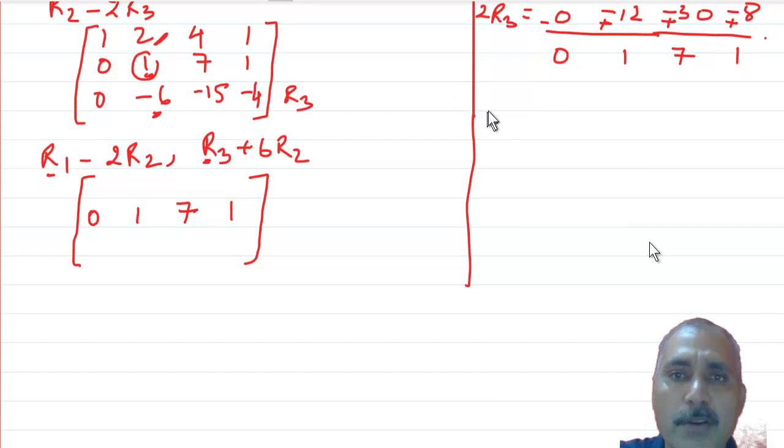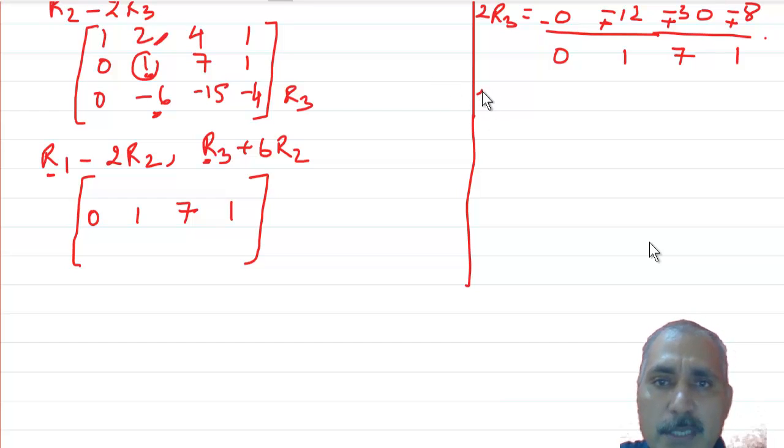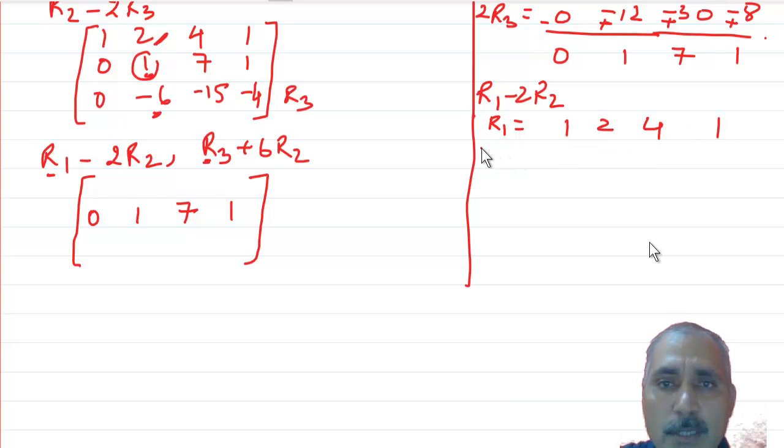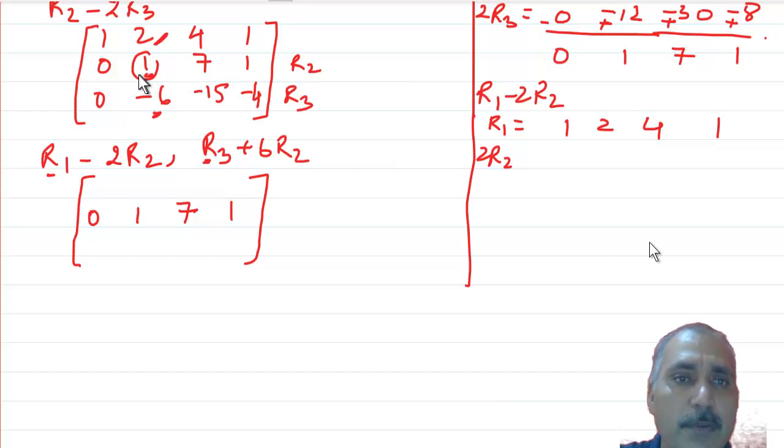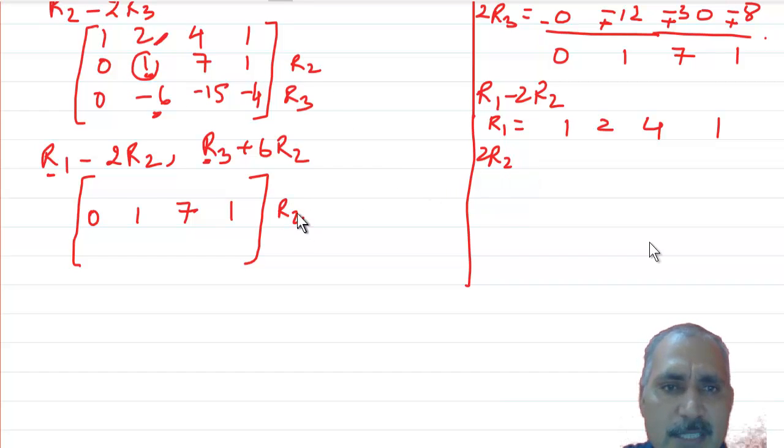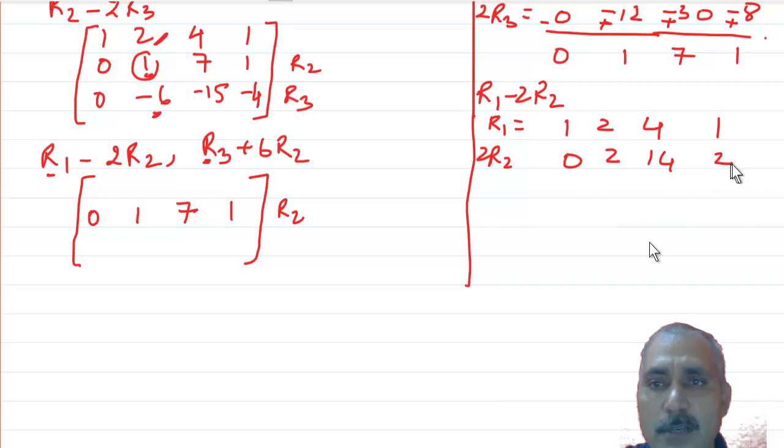Now our operation, the first one, is R1 minus 2 R2. R1 elements are 1, 2, 4, 1 and 2 times of R2. Here this is R2. We will multiply this by 2. It is going to be 0 and 2, 7 into 2 is 14 and 1 into 2 is 2.